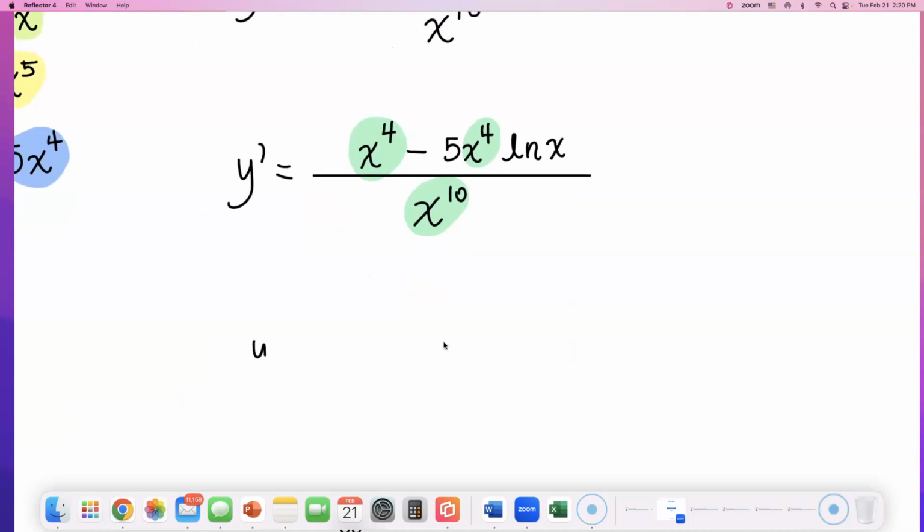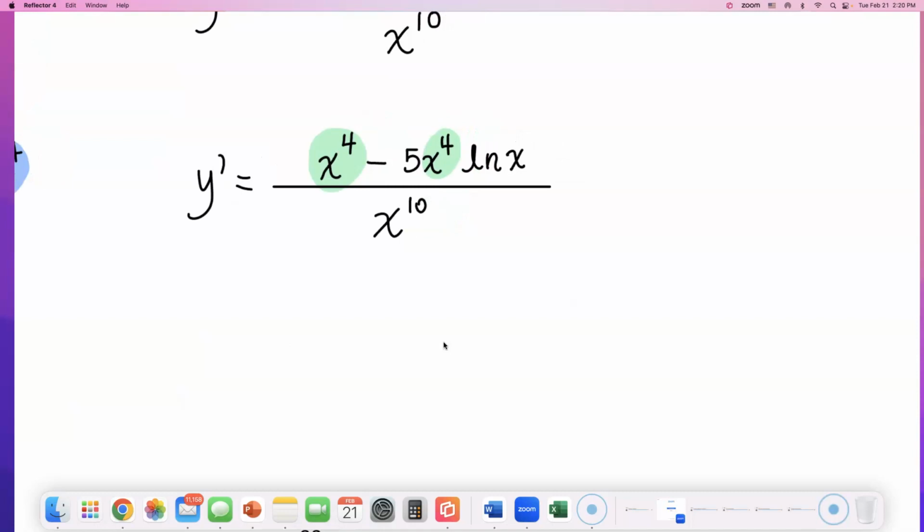So I can simplify this as, give me 1 second. I don't think I want to confuse this, okay? Take a look. I will factor out x to the 4th on the numerator, and then write down the leftover inside. X to the 4th divided by x to the 4th is 1.